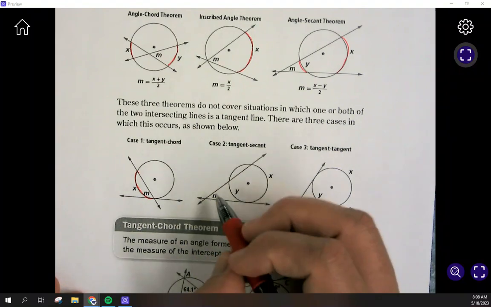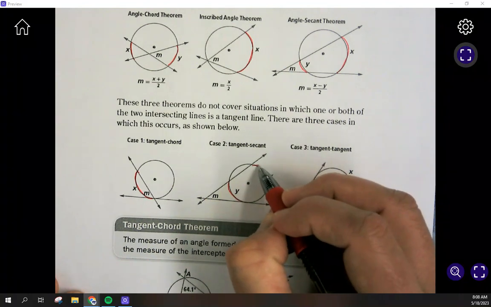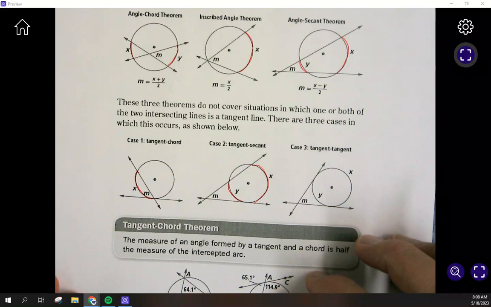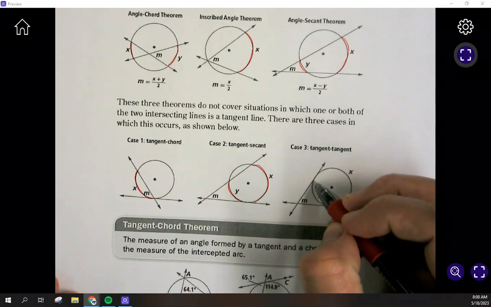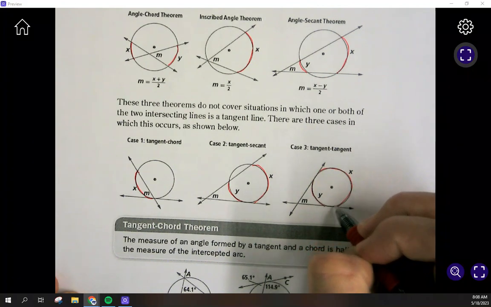Our tangent secant, we've got that angle out here. It's creating, again, similar to the one up here, two arcs, and we will handle it very similarly. And then our tangent to tangent, we've got the same situation. We've got two arcs.